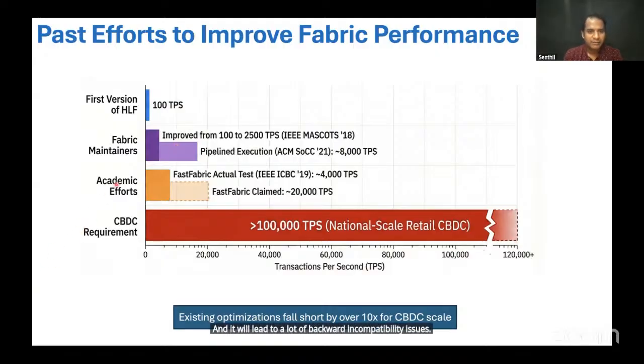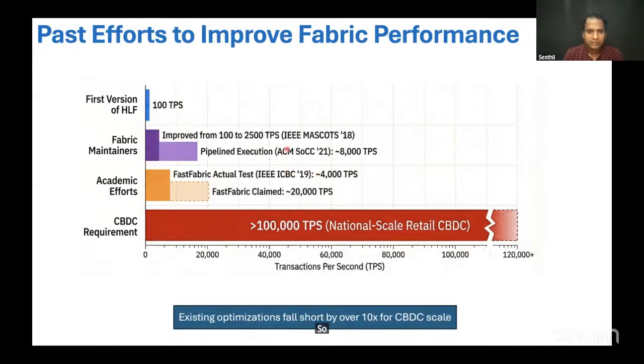At the same time, academia also had multiple efforts. There are more than 30-40 papers in this area. One that stands out is FastFabric, because they claimed 20,000 TPS. But when we benchmarked with a real workload, we were able to get only up to 4,000 TPS.